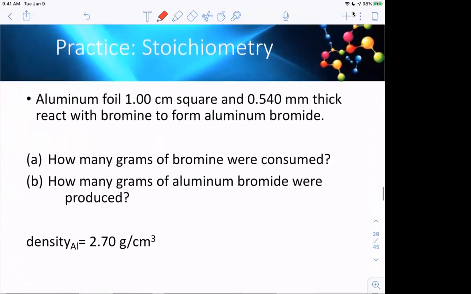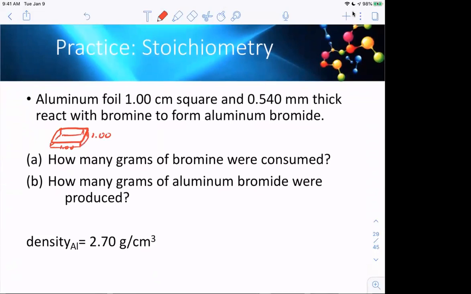Here's a little bit more complicated problem. I have aluminum foil, so I have a square, which is 1 centimeter, but then I have a thickness because it's a foil. So this is like a 3-dimensional object.